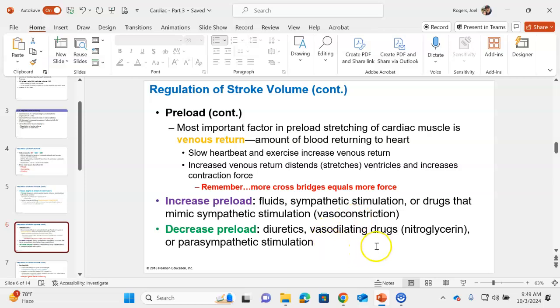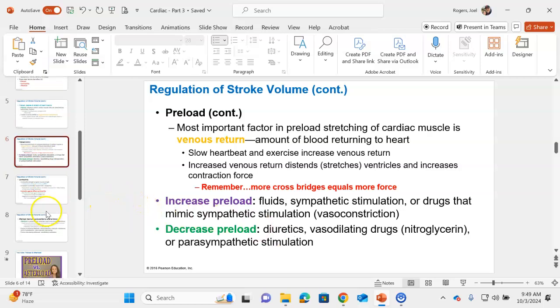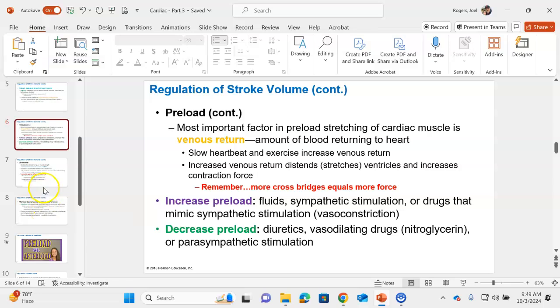Or vasodilating drugs like nitroglycerin. If you increase the diameter of your systemic vasculature, there's more blood flowing through the vessels at any given moment, and that means less getting back to the heart. So medications can actually play a pretty substantial role in regulating preload.